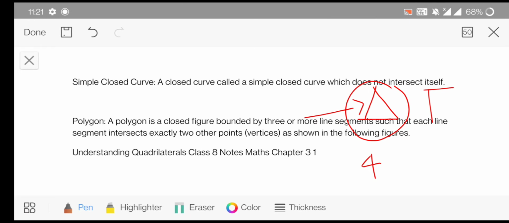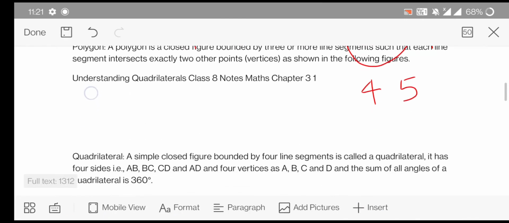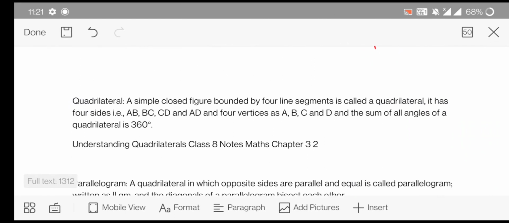So in this chapter you will study about the quadrilateral. Then after, if there are 5 lines, then it is called a pentagon. If there are 6 lines, then it is called a hexagon. If there are 7 lines, then it is called a heptagon. So this is about the polygon, what the polygon means.